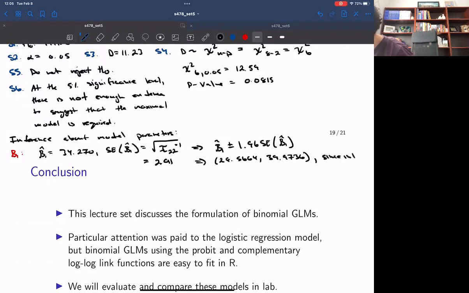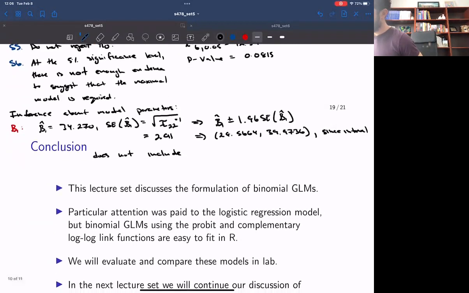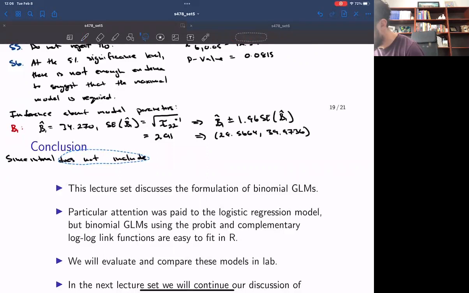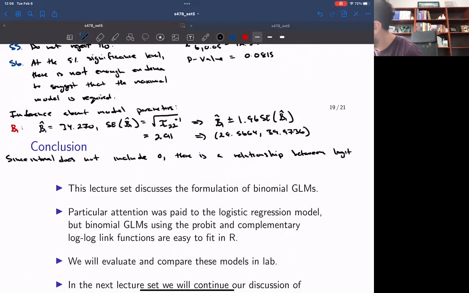So since the interval does not include 0, there's a linear relationship between the logit and the dosage level.